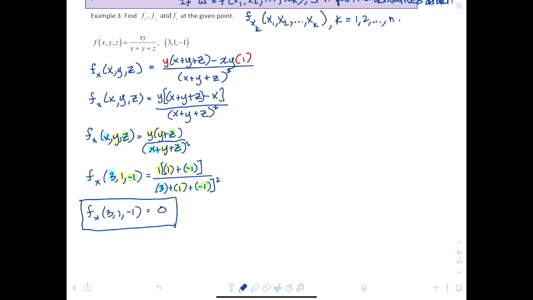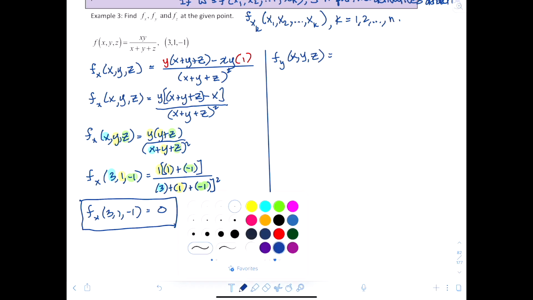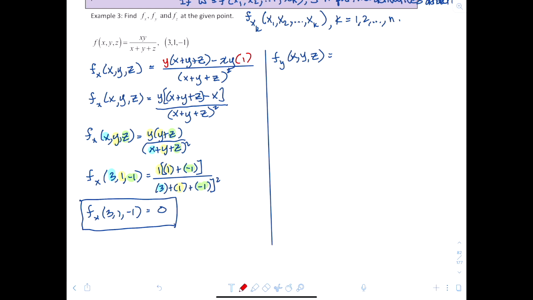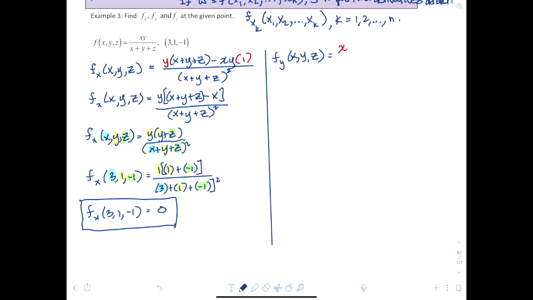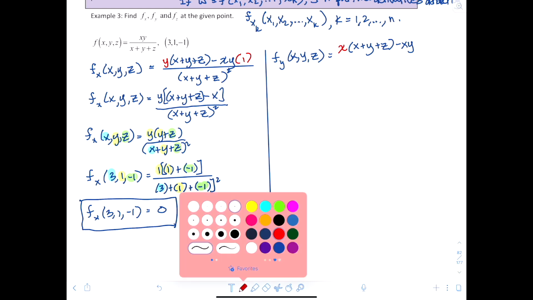So next up, the first partial derivative of x, y, and z with respect to y will be, again, we have to use the product rule. So this time we'll get x times x plus y plus z, the denominator, minus xy times, well, again, we'll just get 1, right?